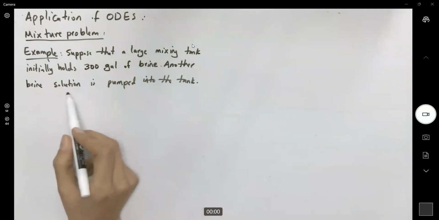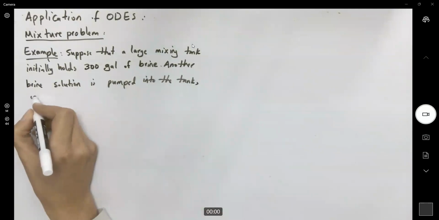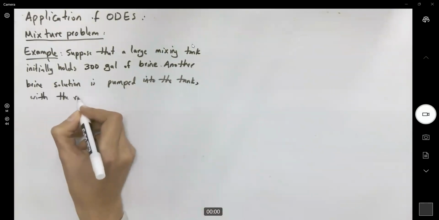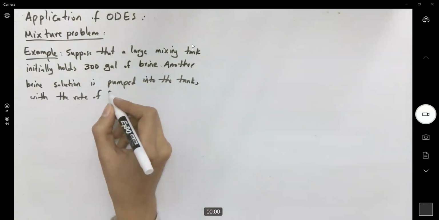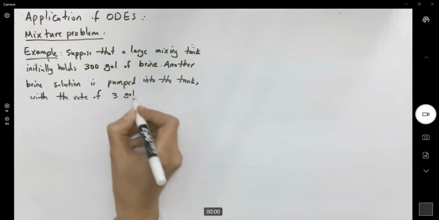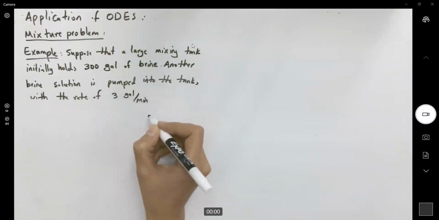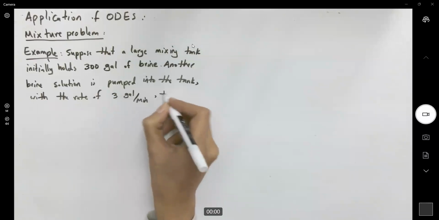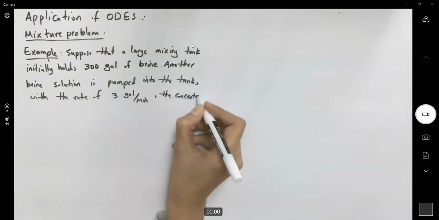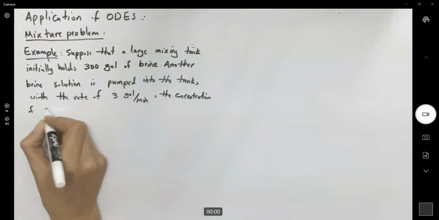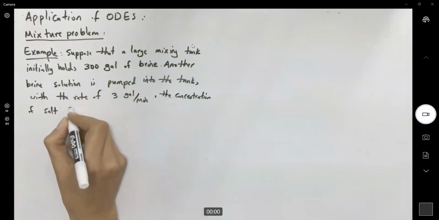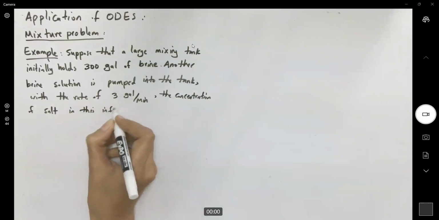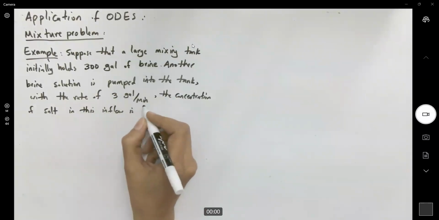This brine solution is pumped into the tank at a rate of 3 gallons per minute. And the concentration of salt in this inflow is 2 pounds per gallon.